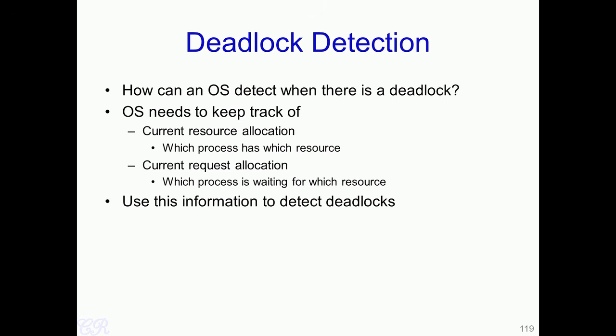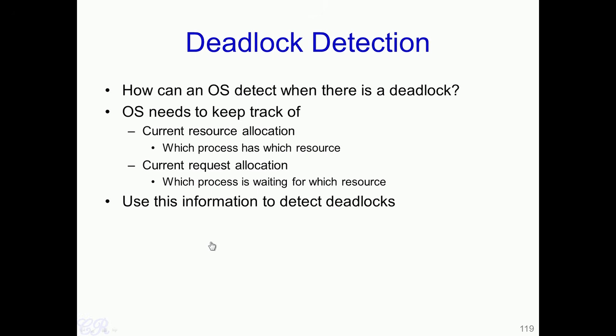Essentially, for the operating system to detect deadlocks, it needs to know the current resource allocation in the system, essentially which process holds which resources, and it also needs to know the current requests by the processes, essentially which process is waiting for which resources.